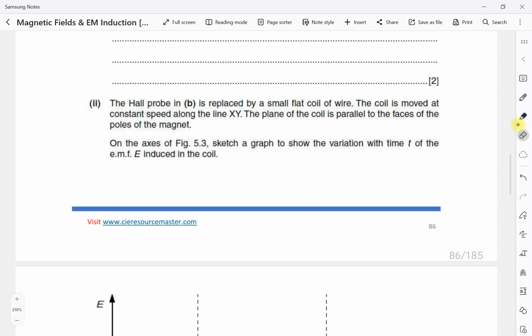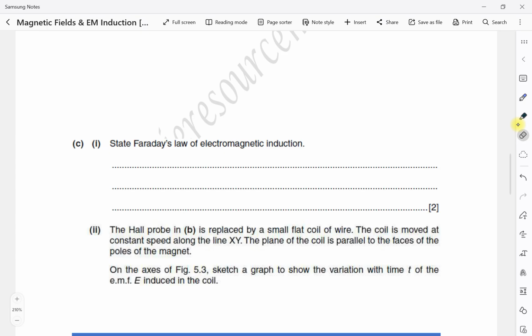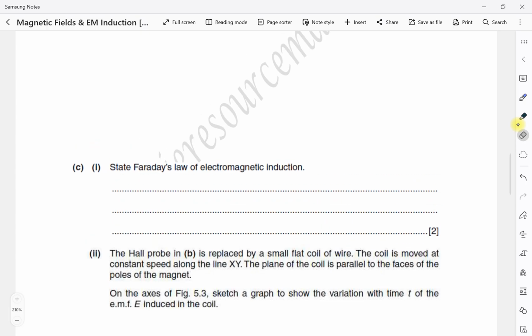State Faraday's law. Like I said, whenever I restate the law, it's because I want to refer to it when answering the next parts of the question. So Faraday's law states that the magnitude of the induced EMF is directly proportional to the rate of change of magnetic flux linkage, or rate of flux cutting.